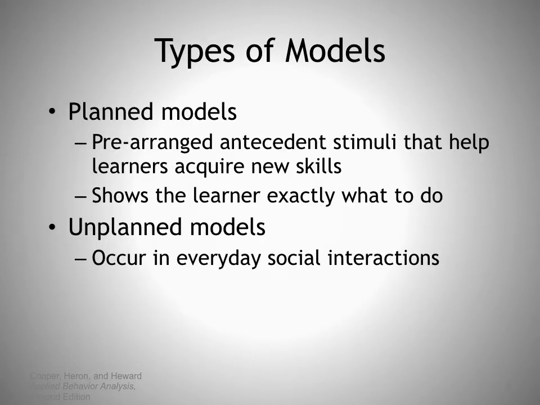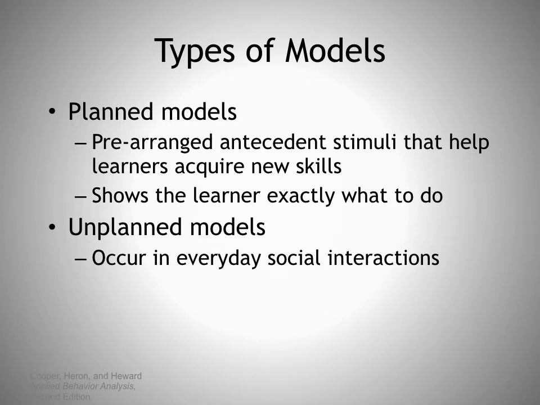Again, any physical movement may function as a model for imitation. A model is an antecedent stimulus that evokes the imitative behavior. There are 2 types of models: planned models and unplanned models. Planned models are prearranged antecedent stimuli that help learners acquire new skills or refine the topography of certain elements of existing skills.